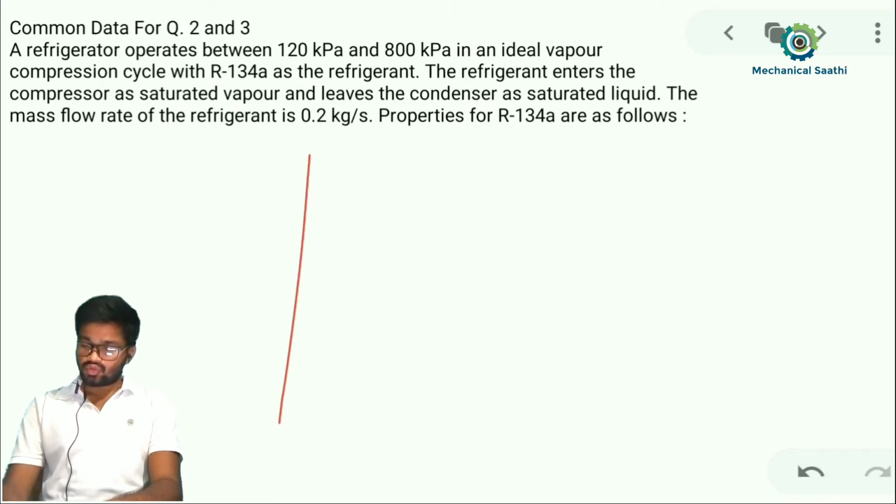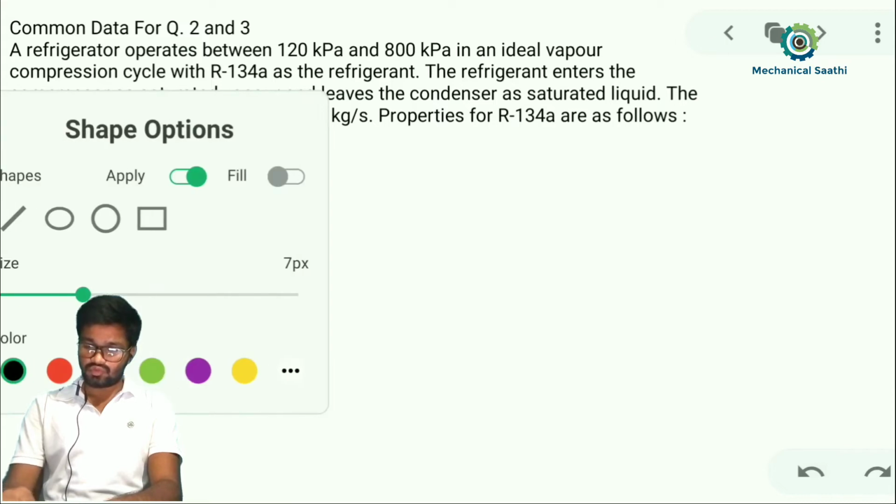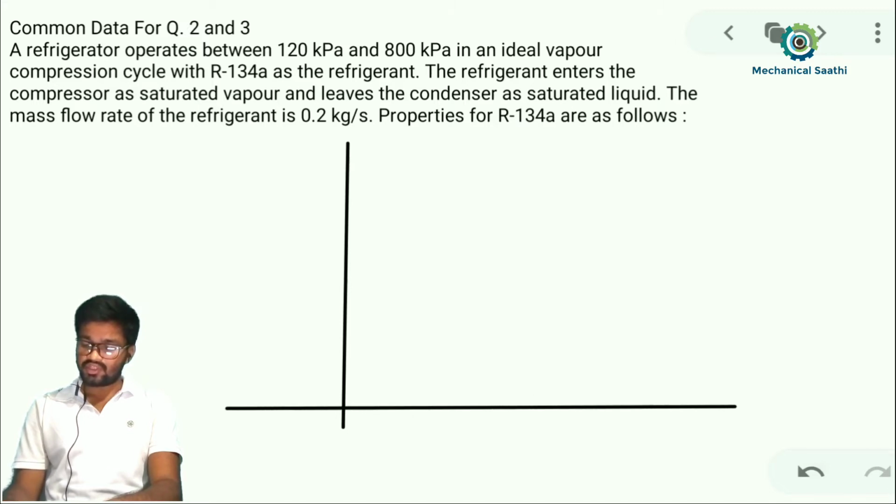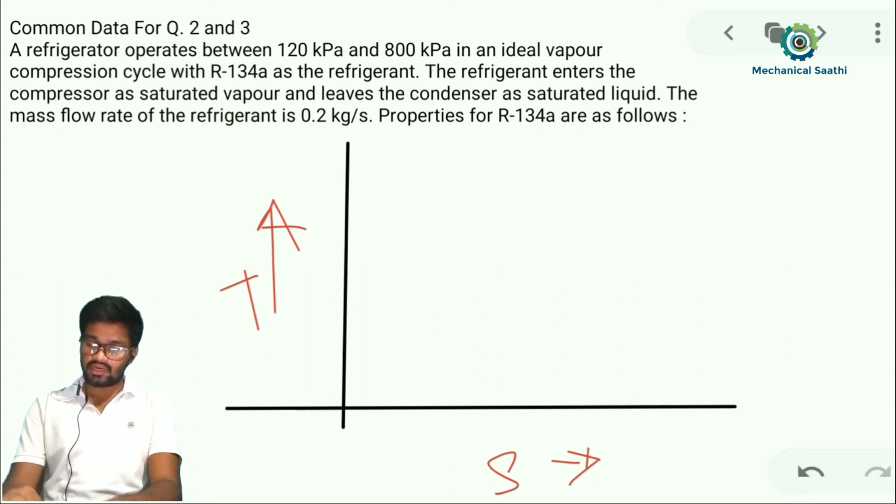So let us try to draw the diagram over here. We can draw the temperature versus entropy diagram, with temperature on the y-axis and entropy on the x-axis. We can draw a vapor dome over here.